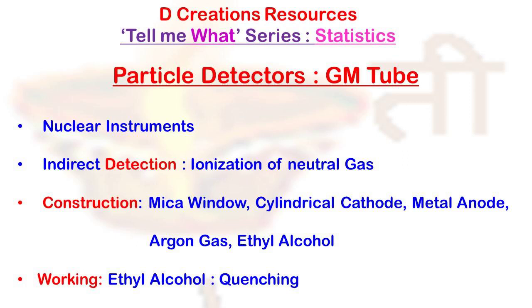Now this hollow metal case, the sturdy metal case that we talked about, constitutes the cathode, and the anode is basically a fine tungsten wire. This wire is fixed at the center of the tube and it is insulated from the metal case, obviously, because the metal case is the cathode itself.